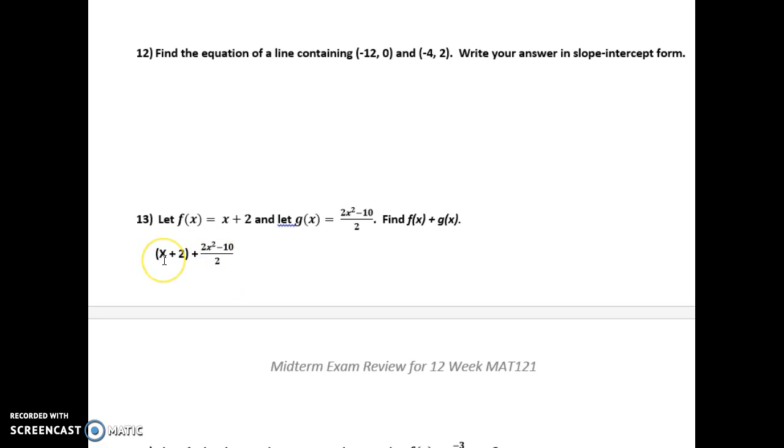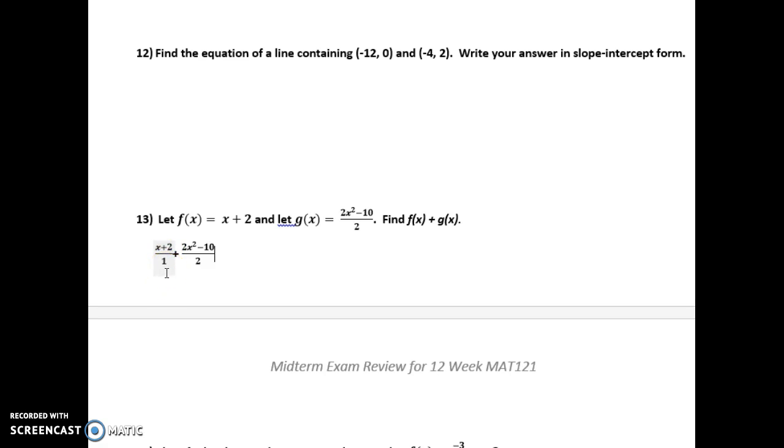Now, just like with adding any fractions, they have to have the same denominator. So if we multiply this to have a denominator of 2, you'd have to multiply on top and bottom by 2. Let me insert that fraction really quick. So what we have right now, f of x is just x plus 2 over 1.